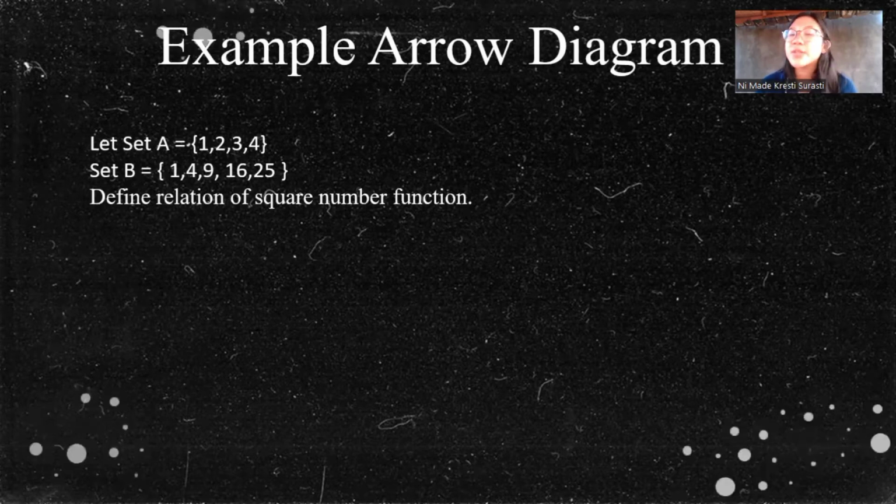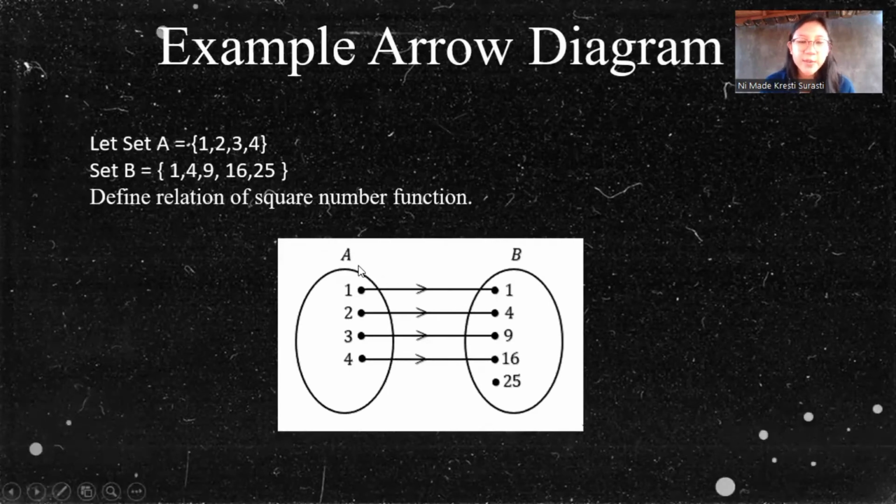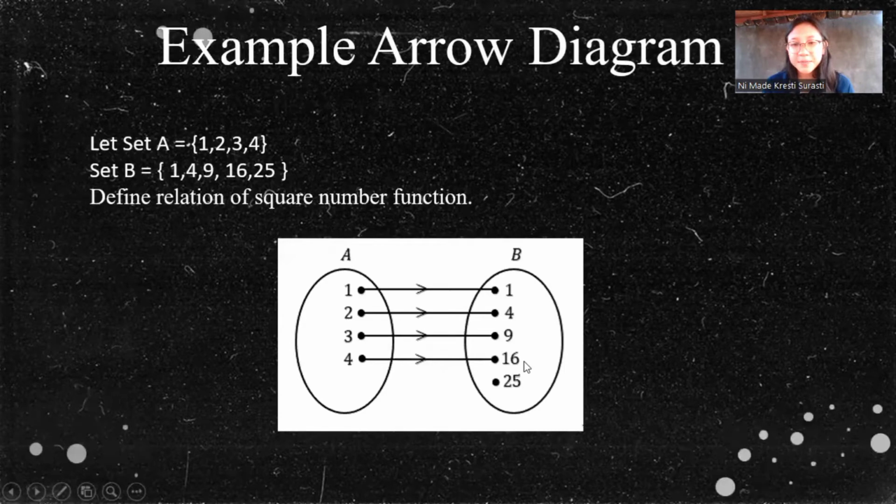Define the relation of the square number function with an arrow diagram. So the arrow diagram is this. Set A with elements 1, 2, 3, and 4 is the input, and set B with elements 1, 4, 9, 16, and 25 is the output.